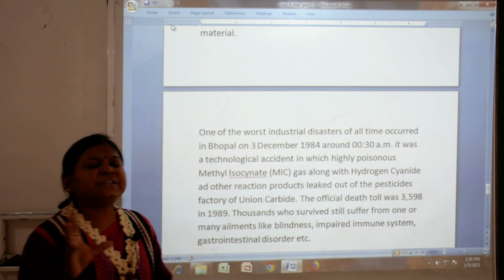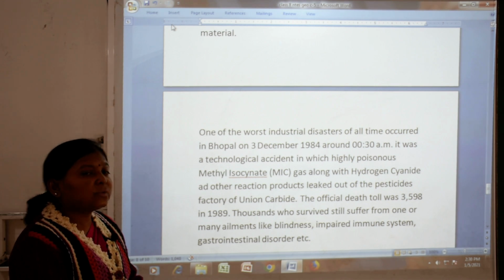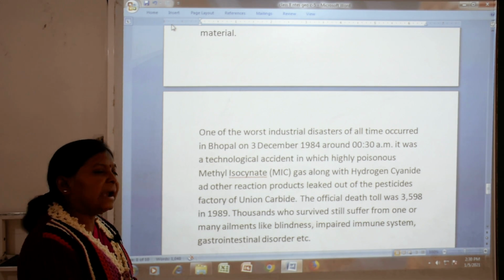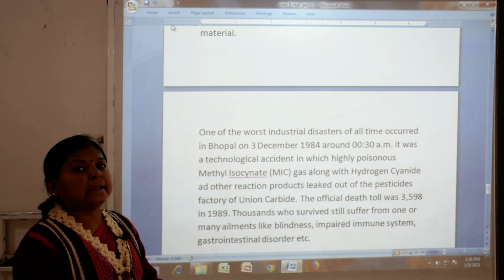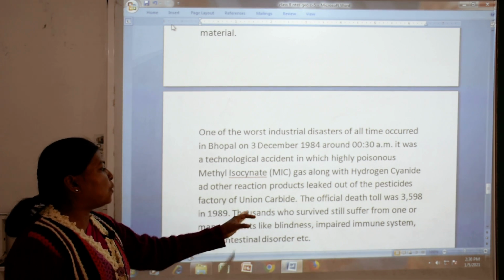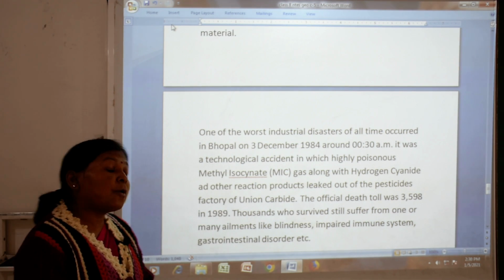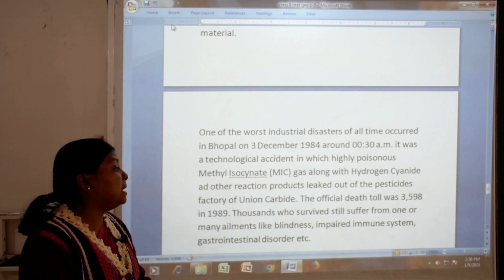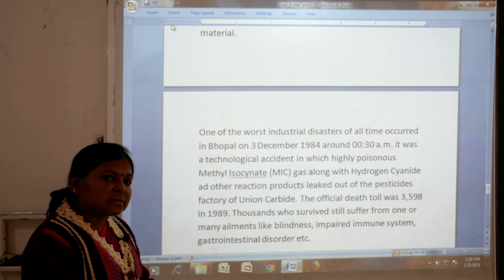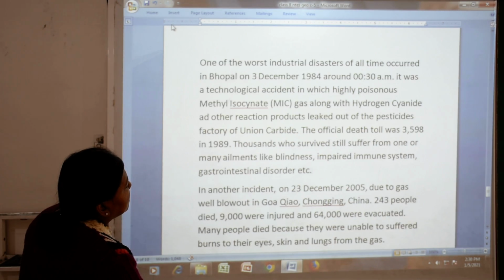The official death toll was written as nearly 3,598 in 1989, but many lakhs of people were affected. Thousands who survived still suffer from ailments like blindness, impaired immune system, gastrointestinal disorders, etc. from this industrial disaster.